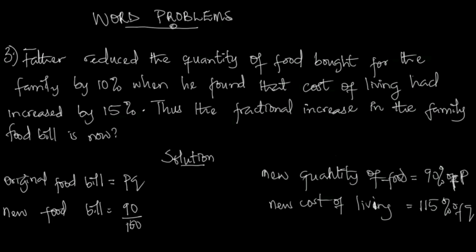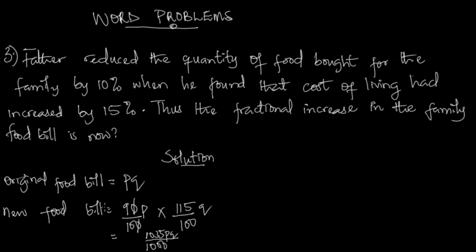I'm going to write that as 90 over 100 of P, times the new cost of living, 115 over 100 of Q. So we could say 0 cancels 0, and then 9P times 115Q would give us 1035 PQ over 10 times 100, which will give us 1000. Alright, let me clear this part.